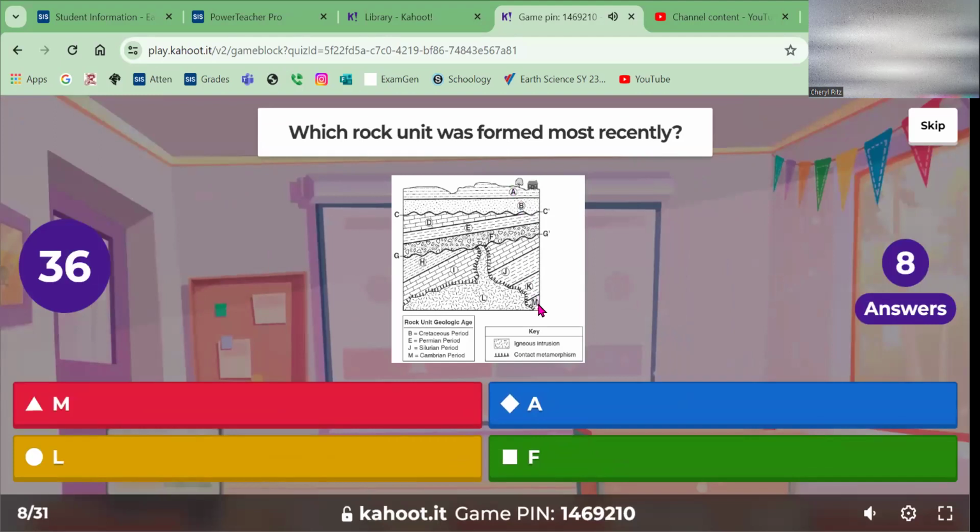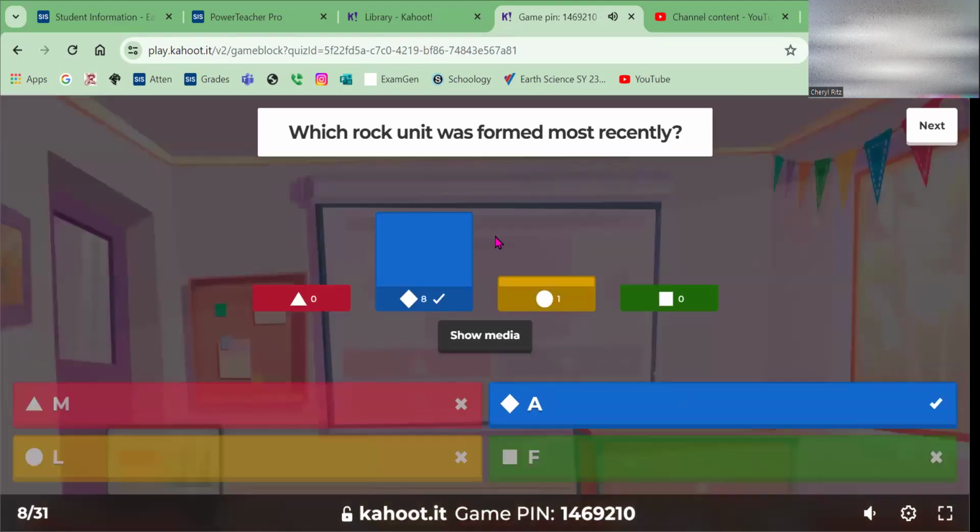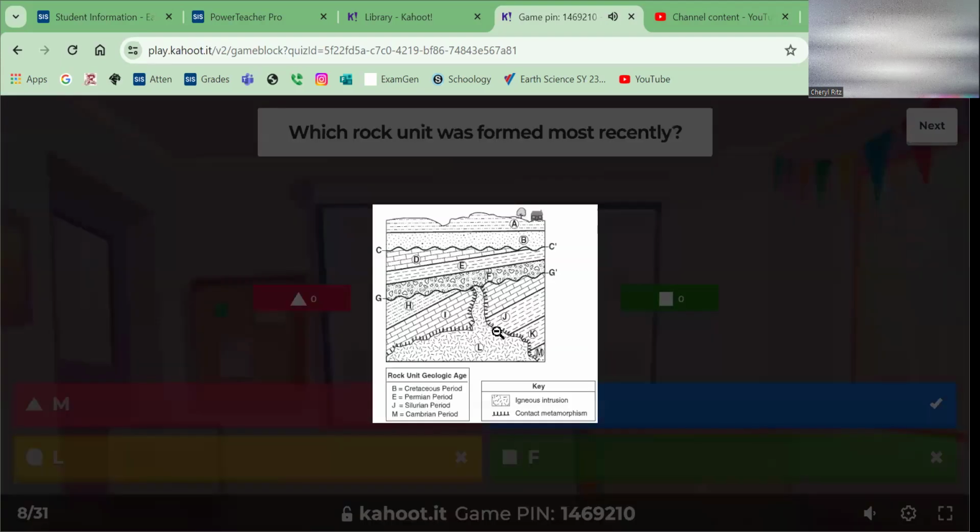There's only a few choices: A, M, L, and F. It is A. L, if you look, it is newer than some. It is newer than M. It is newer than K. It is newer than J. It is newer than I. Why do I know that? Because it has contact metamorphism on all those rocks.